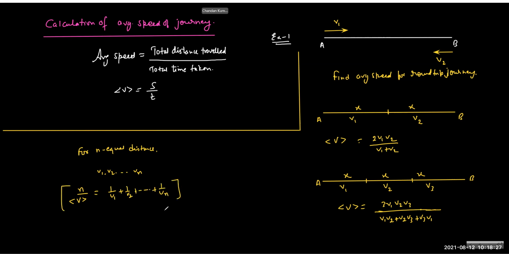You can directly apply this formula for any case. If it is 2, write 2 by V average and then write the first two terms. For 3, write the first 3 terms. For 4, write the first 4 terms, and for n, just write the first n terms. That's it. This will solve all questions of this nature.